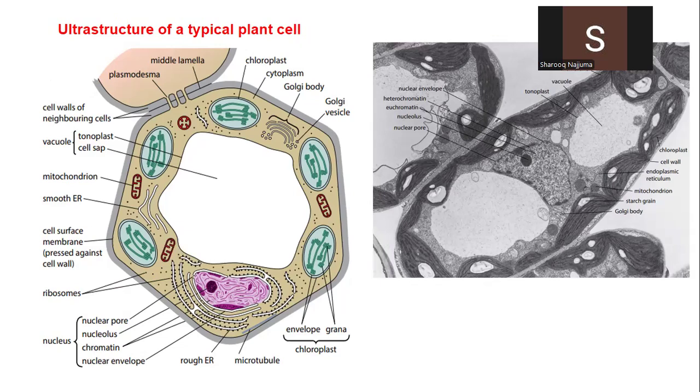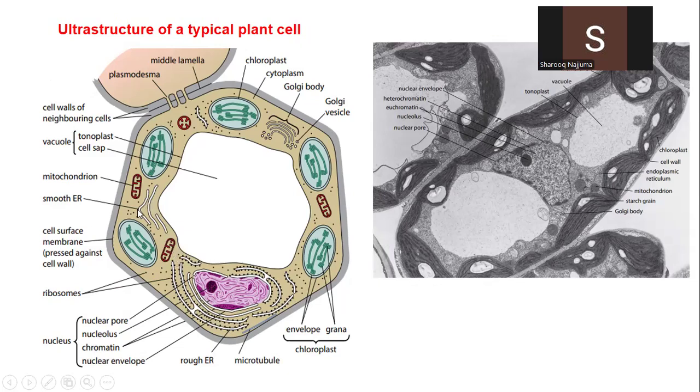Now, plant cells have features that are common and are also found in animal cells. So the roles features play in animal cells will be the same roles those features play in a plant cell, especially features that are common. We looked at the microtubules, the rough ER, the nucleus, the mitochondria, the smooth ER.